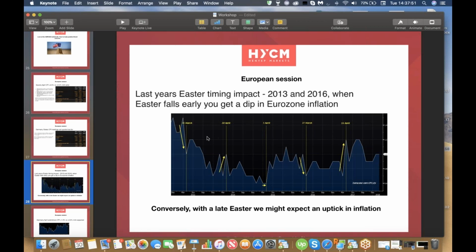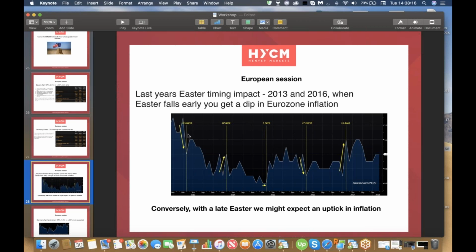An early Easter here, 31st of March, 27th of March. Easter falls at different times in the year. The holiday is calculated at different times. It's all to do with the last full moon, and then Easter is organised in a different way. So when it's early, you tend to get a dip in Eurozone inflation.